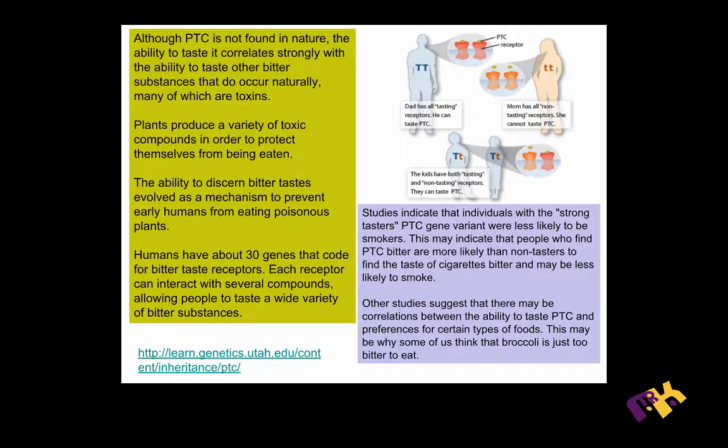But some people think this might have something to do with whether people find smoking more pleasurable than others, because some people would really pick up on the bitter taste of the smoke, or maybe even whether they like broccoli or not. This ability to taste things that are rather bitter, and if there's a really strong taste to them, that would turn you off to eating that vegetable.